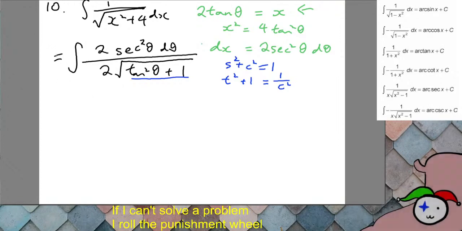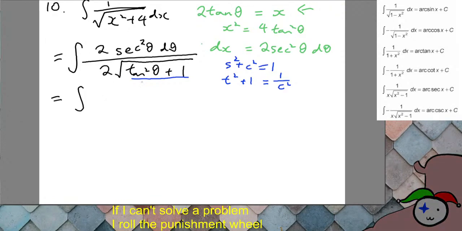So I say you can see how that clears things out a lot. So this becomes the integral of secant squared of theta over secant. So what you have is just secant, right? Just secant of theta d theta.